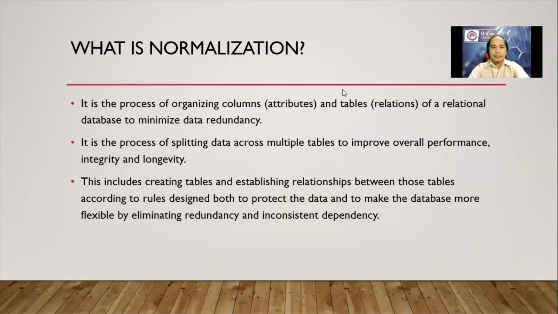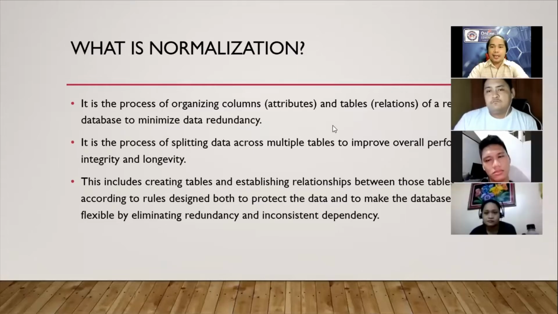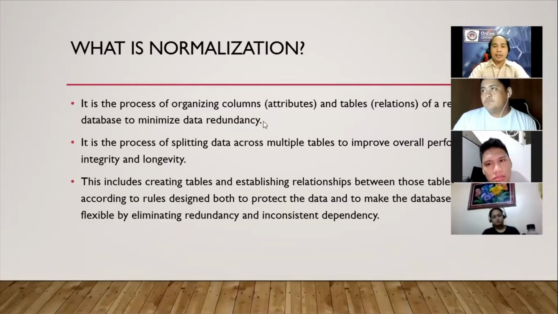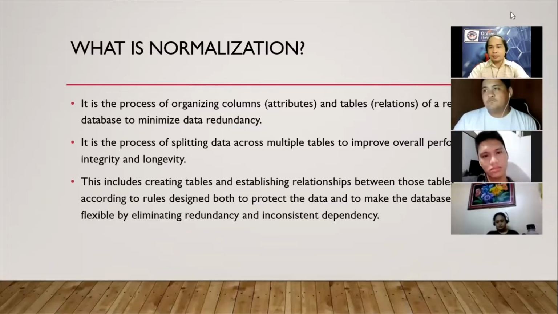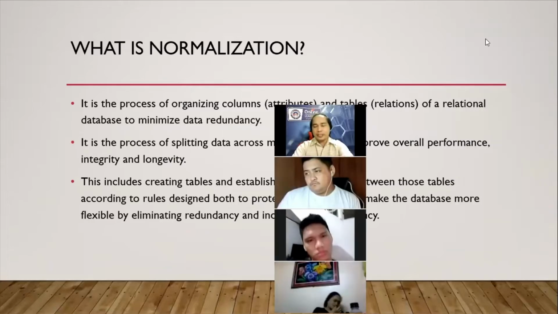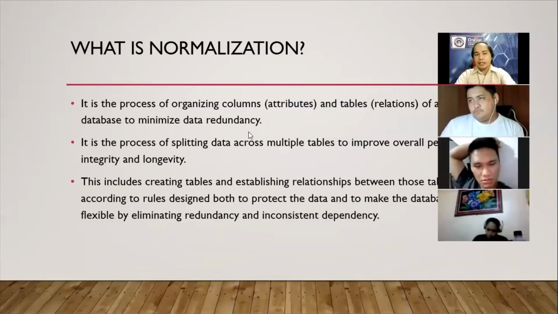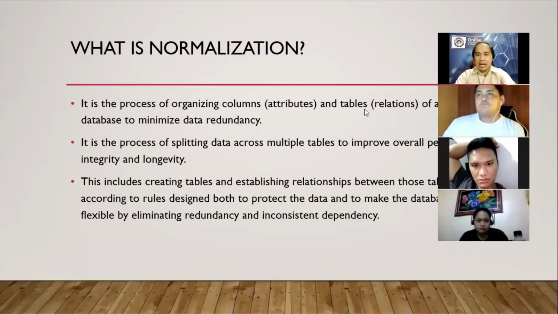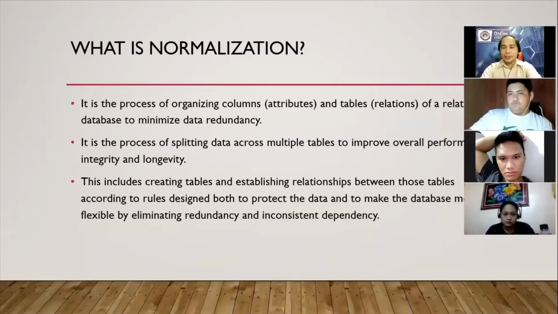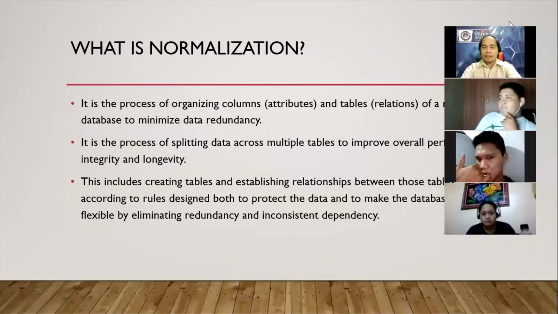So for a table to be in a normalized form, it should be very organized, and we avoid having redundancy of data. Okay? It is also the process of splitting data across multiple tables to improve overall performance, integrity, and longevity.